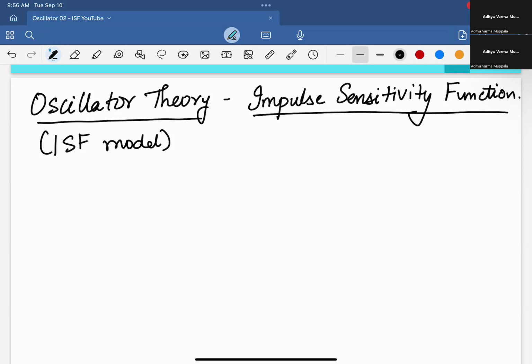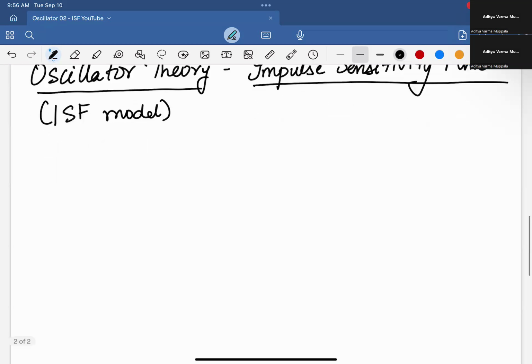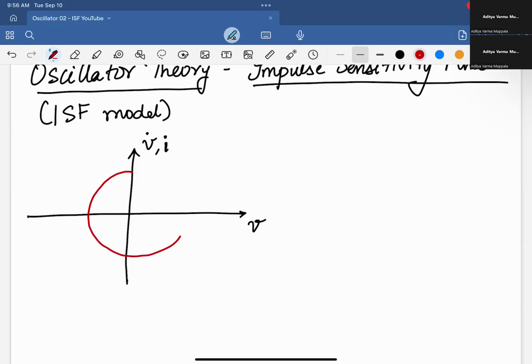Let's get into it. We saw in the previous video on limit cycles, just a quick refresher, that if I have some state space of, let's say, voltage and the derivative of voltage, or the current, in an LC resonator, V dot, then we end up with solutions which are sometimes closed isolated trajectories called limit cycles, right?